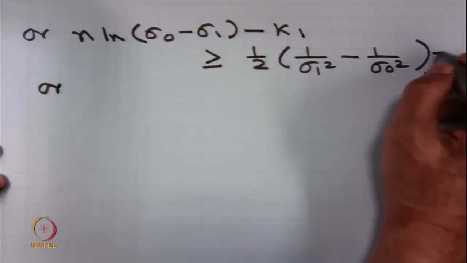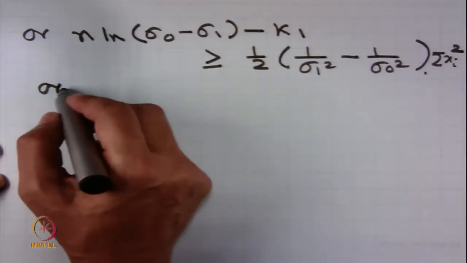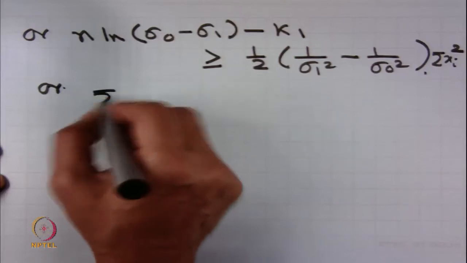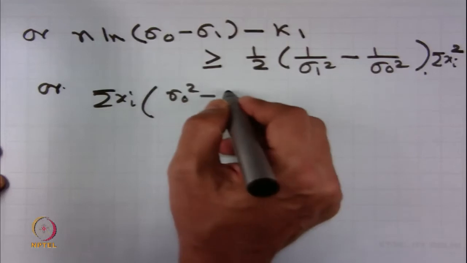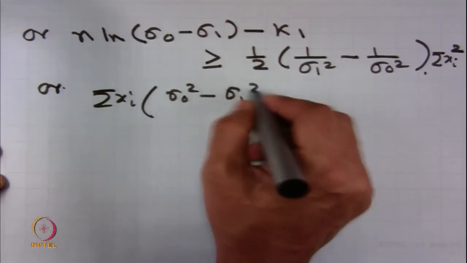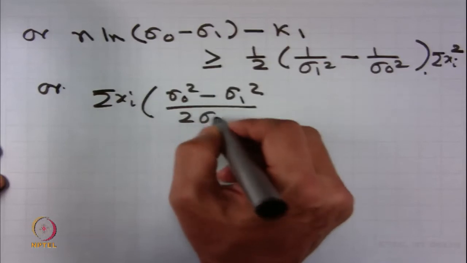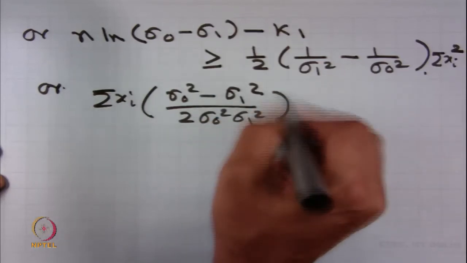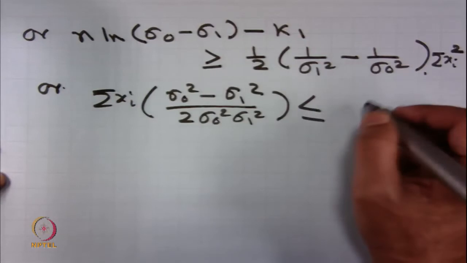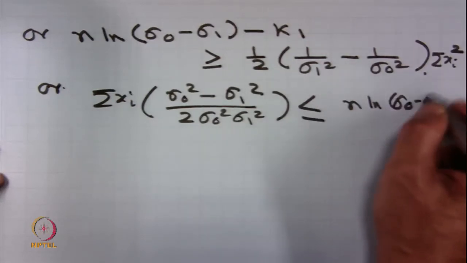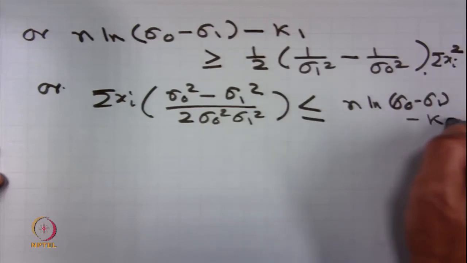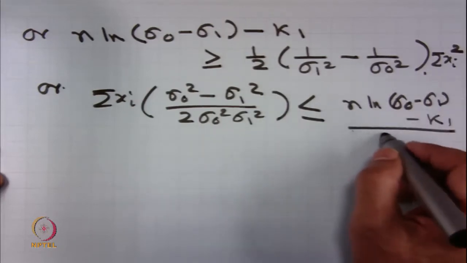into sigma xi square, or sigma xi square into sigma naught square minus sigma 1 square upon 2 sigma naught square sigma 1 square is less than or equal to n log sigma naught minus sigma 1 minus k1, let me call it C1.